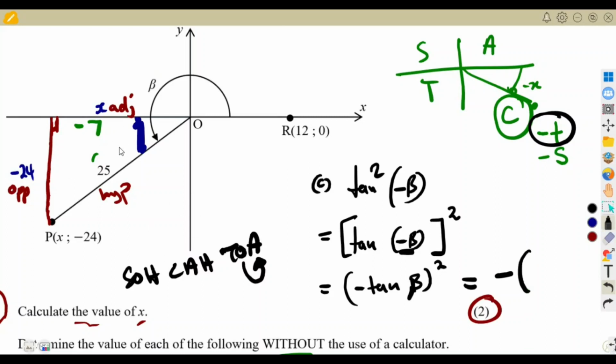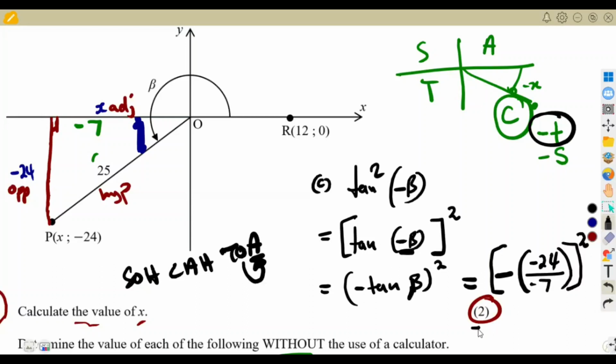According to this, the opposite we said is what? Negative 24. So that's negative 24 over the adjacent, which is what? Negative 7. So this is what we are going to have. But the whole of this is being raised to the exponent of 2. So whatever we are going to get here must be raised to the exponent of 2.